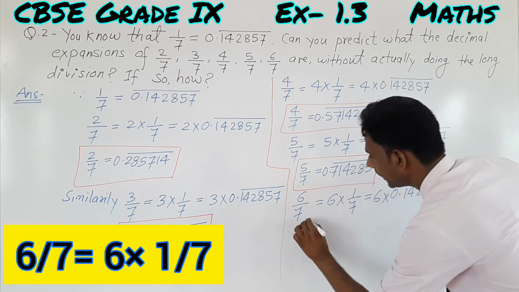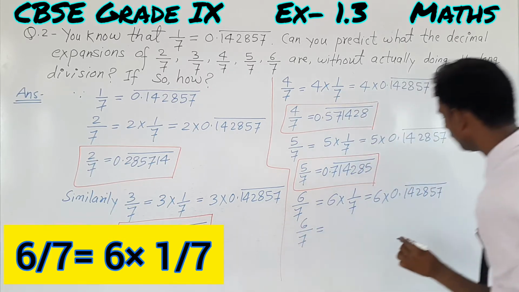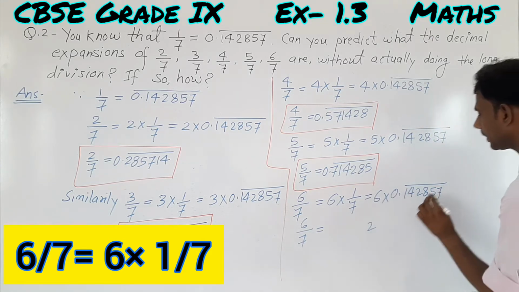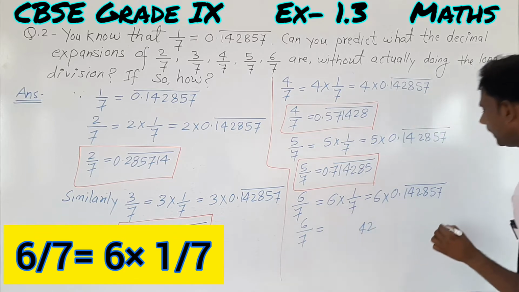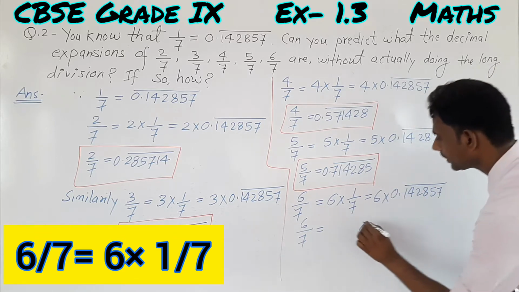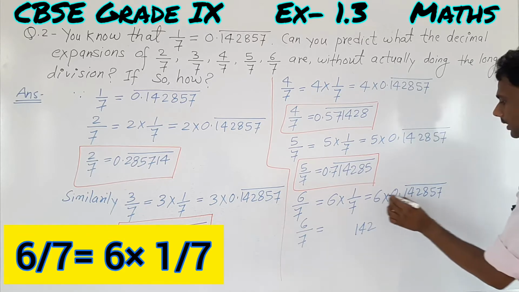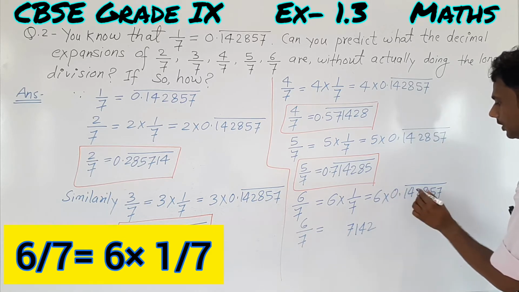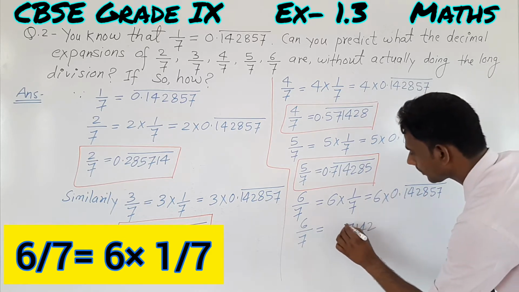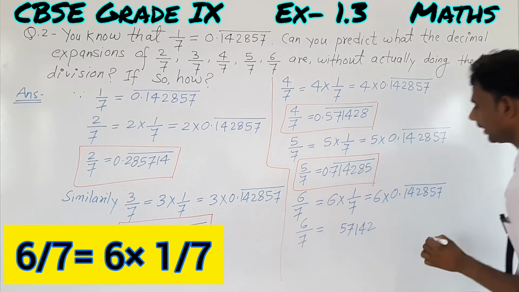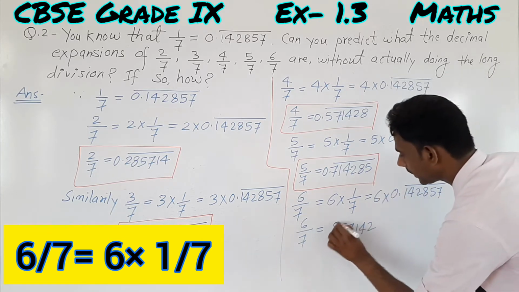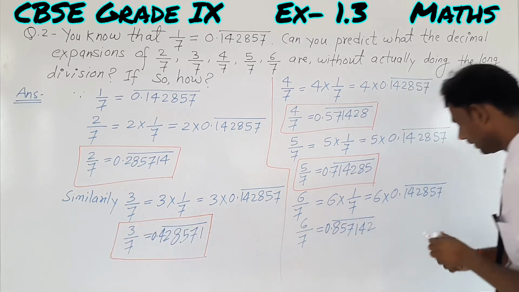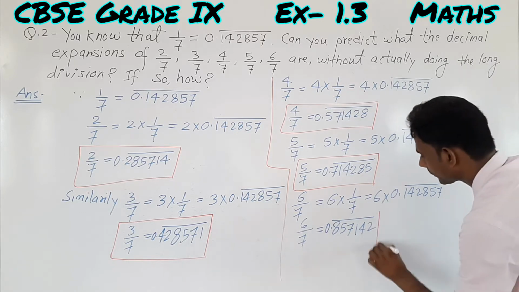Now multiply, then it will be 6 upon 7. 6 7s are 42, 2 carry 4, 6 5s are 30, 34, 4 carry 3, 6 8s are 48, 48 plus 3, 51, carry 5, 6 2s are 12, 12 plus 5, 17, 6 4s are 24, 24 plus 1, 25, carry 2, 6 1s are 6 plus 2, 8. It will be 0.857142 bar. This is the value of 6 upon 7.